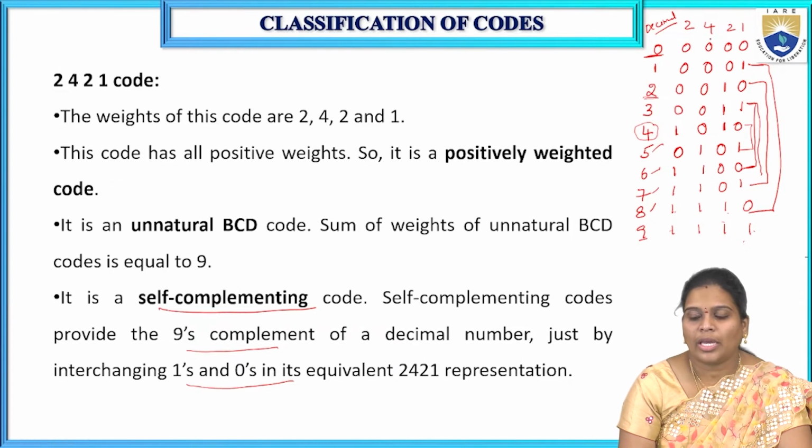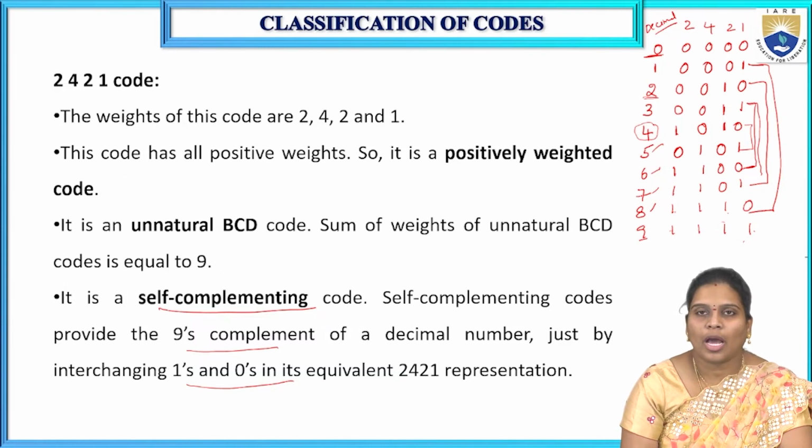If you are taking the values depending on this particular truth table and applying the 1's complement, we are getting the same result in this truth table only. So the 2421 code is a self-complementing code. If we apply the 9's complement of this decimal value, we are getting the same result.